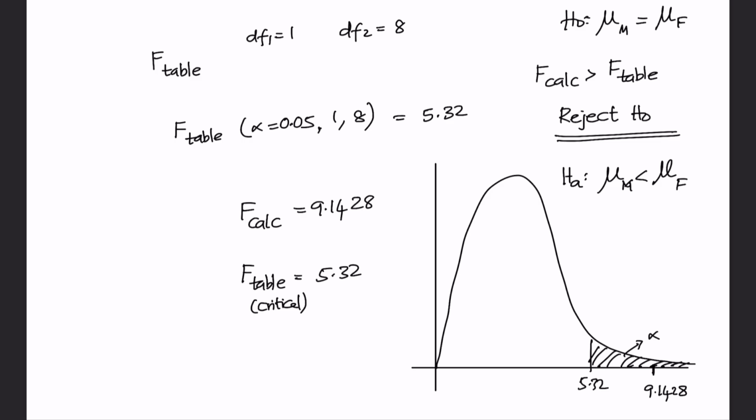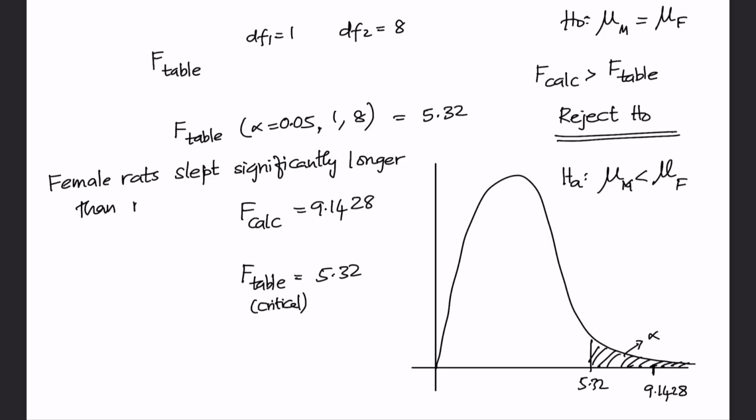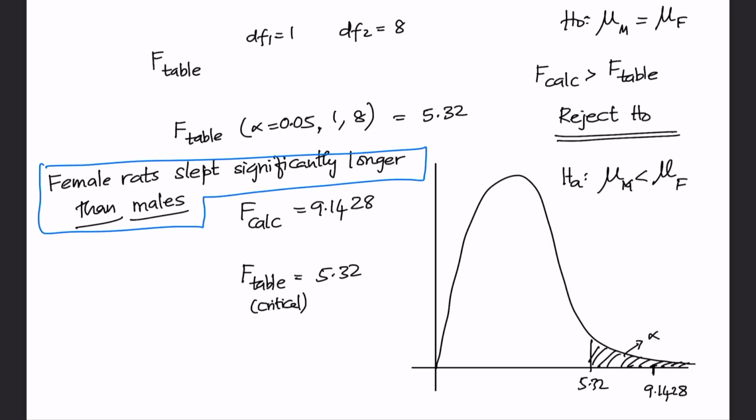We can conclude that female rats slept significantly longer than male rats. So female rats slept significantly longer than males. This is the conclusion that we get when we reject H0.